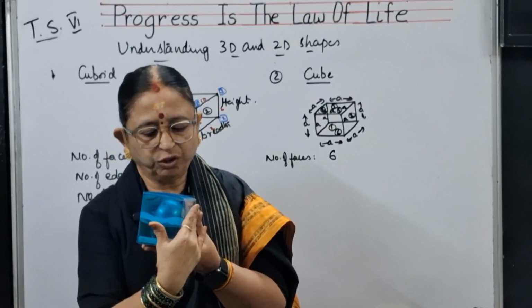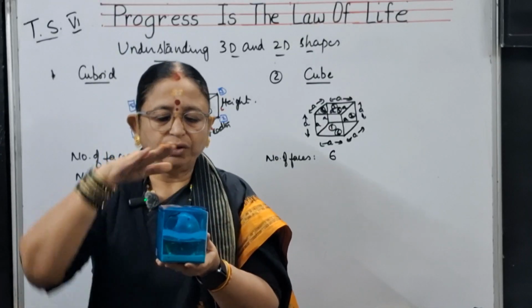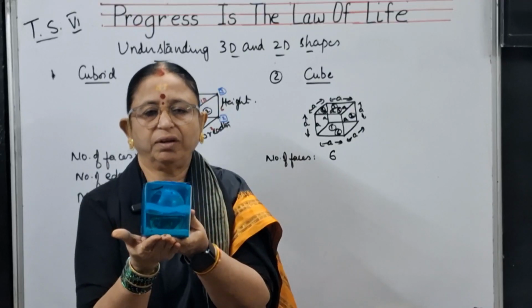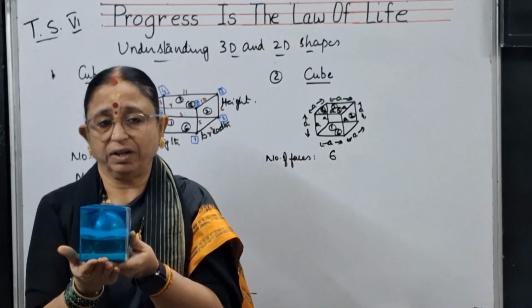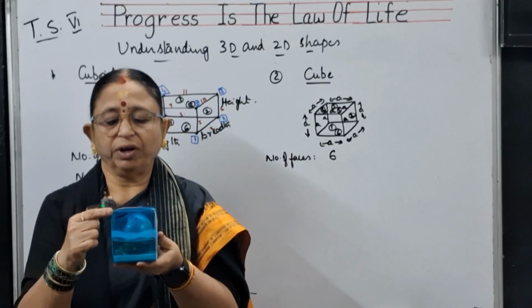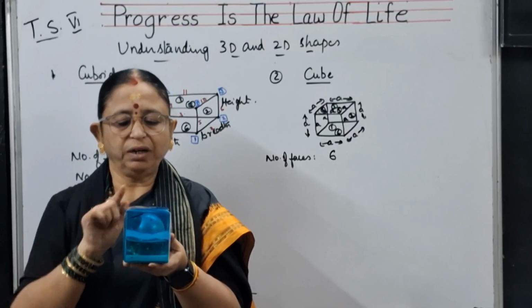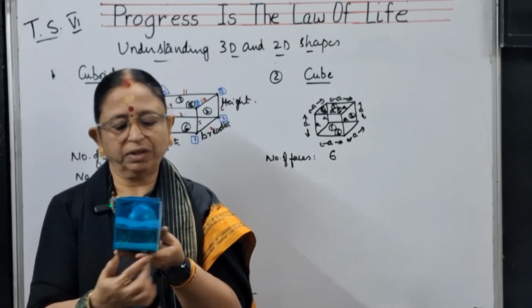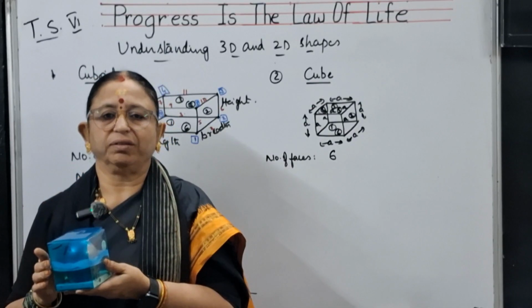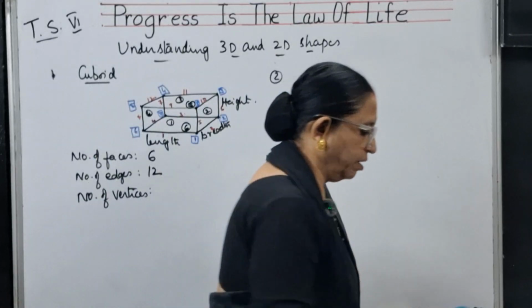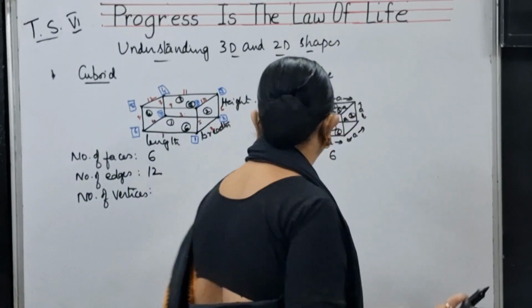Faces 1, 2, 3, 4, 5, 6. Total 6 faces are there. And vertices 1, 2, 3, 4, 5, 6, 7, 8 vertices. So these are the same as those of the cuboid.